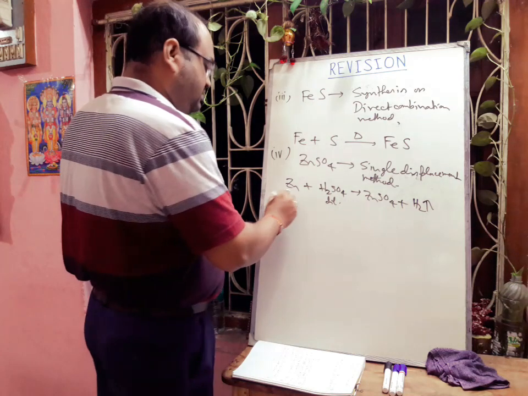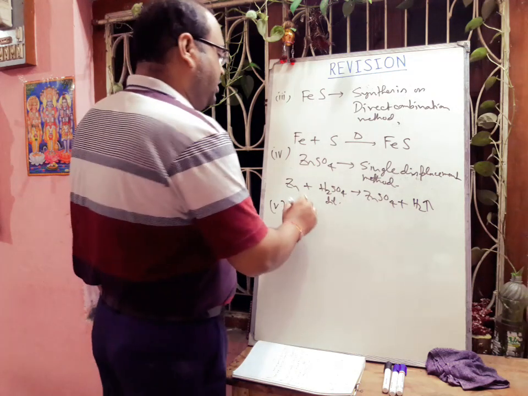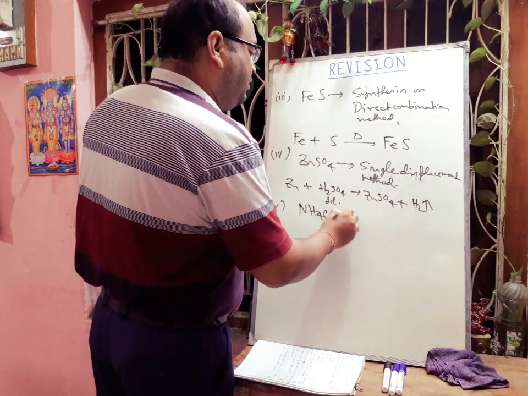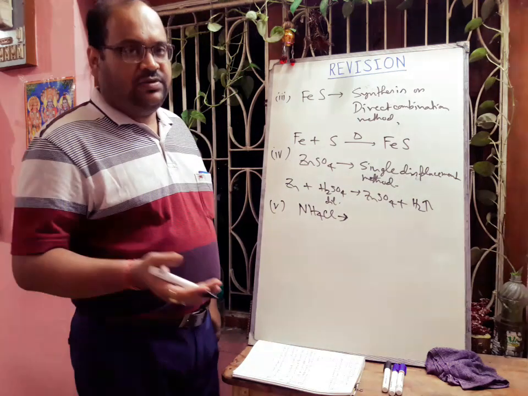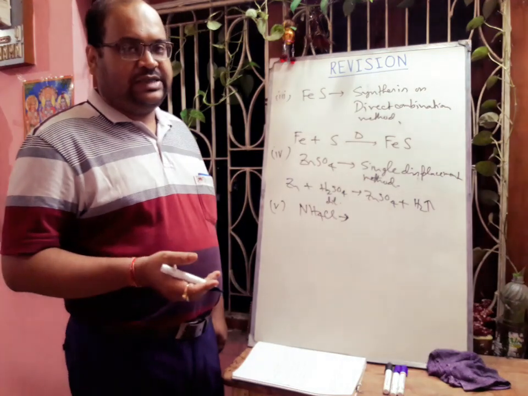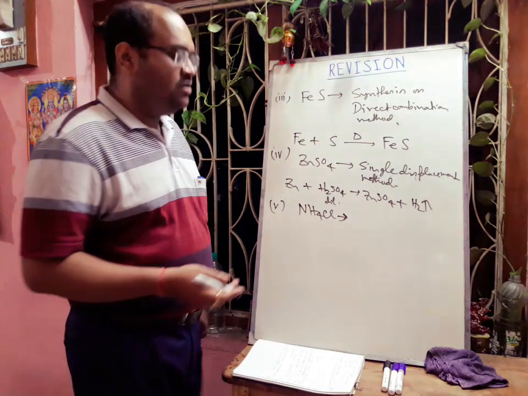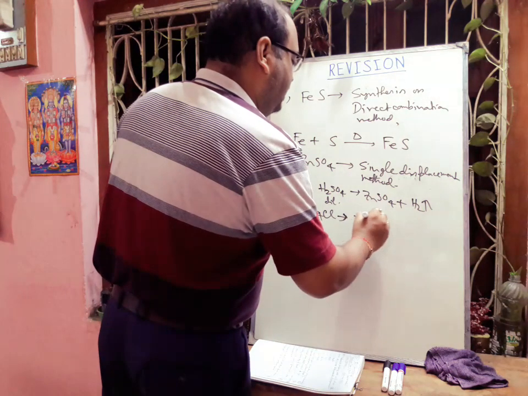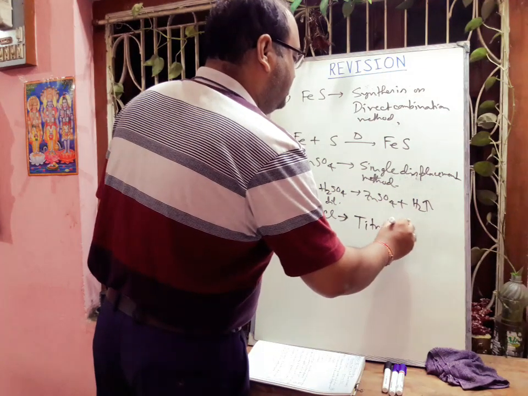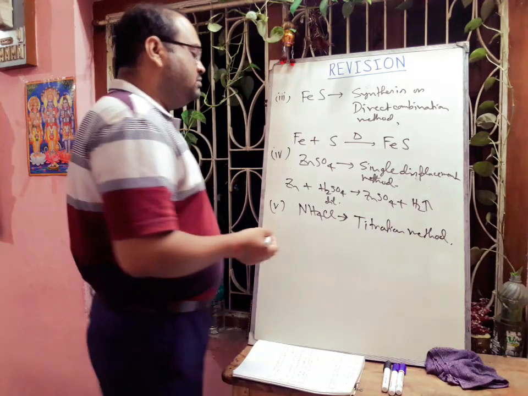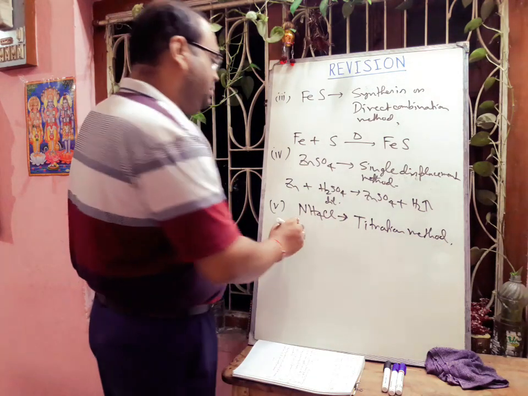Next, the last salt preparation, that is ammonium chloride. We can prepare ammonium chloride from a water soluble base, the alkali ammonium hydroxide, and hydrochloric acid. Both are water soluble, so here we can apply the titration method or neutralization method. What will be the reaction?